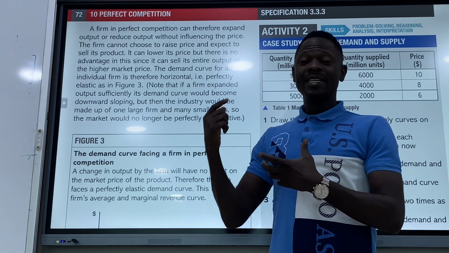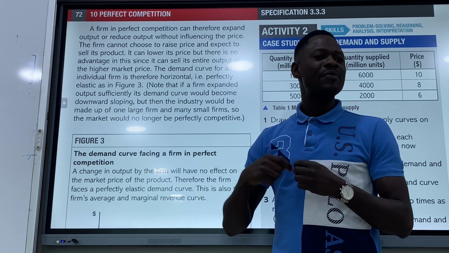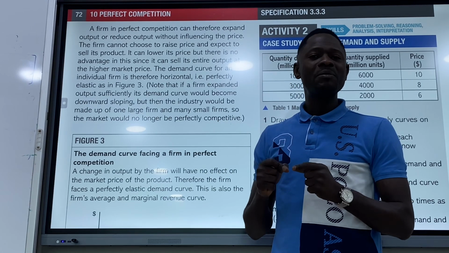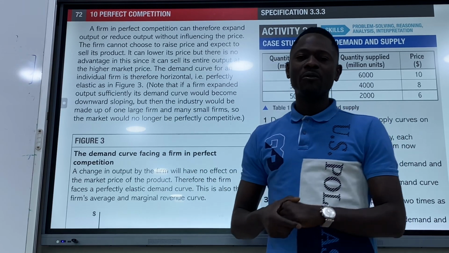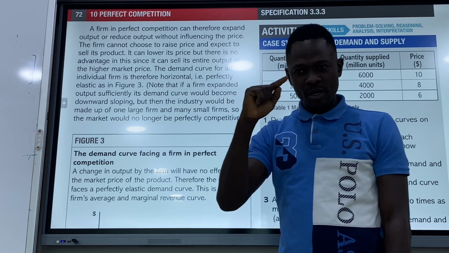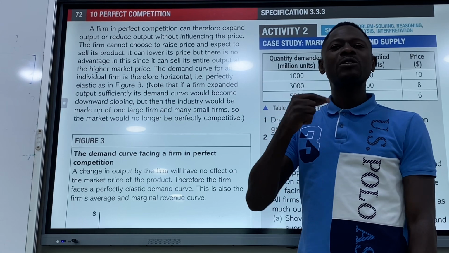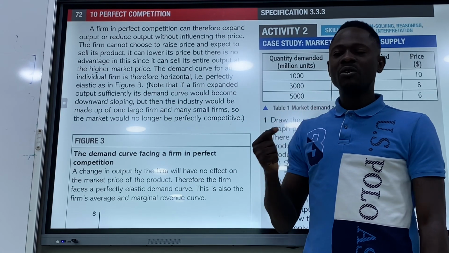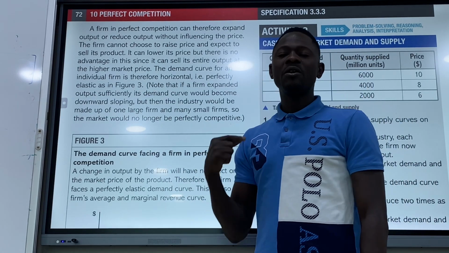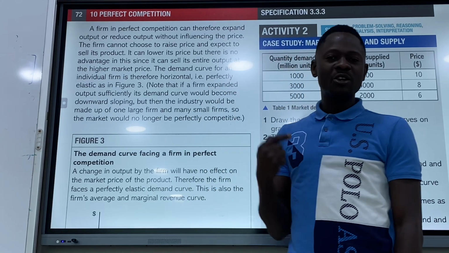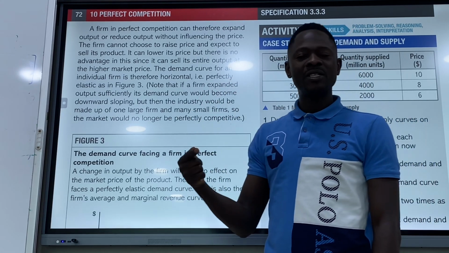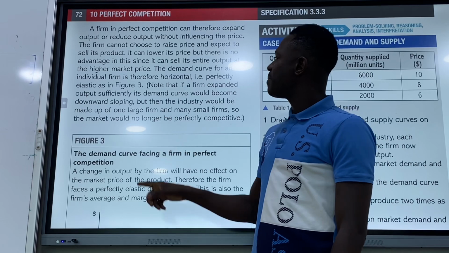Why? Because in that industry, it is a perfect competition, which means price is determined by the demand for and the supply of. So a single firm cannot single-handedly increase its output because it wants to increase or reduce price, or single-handedly reduce its output because it wants to increase or reduce price. That is the point they are making there.